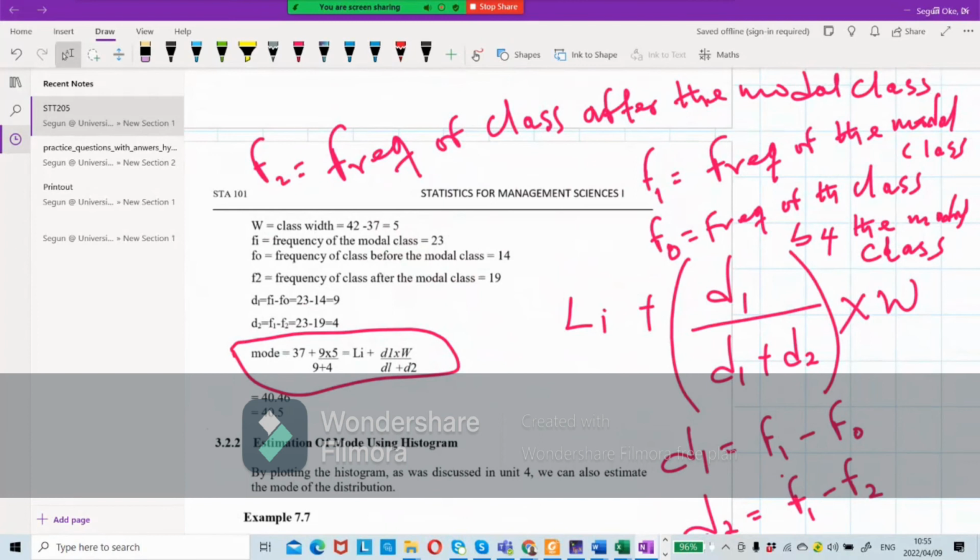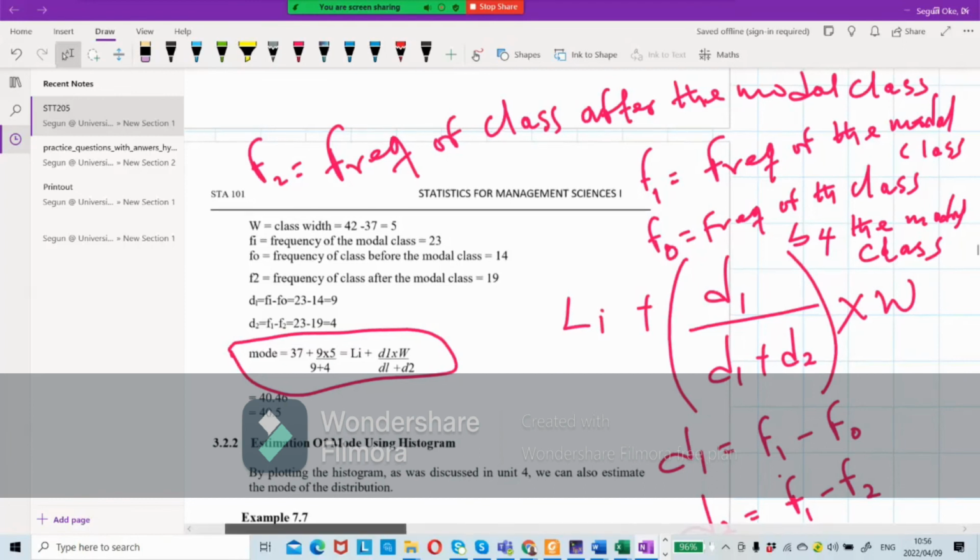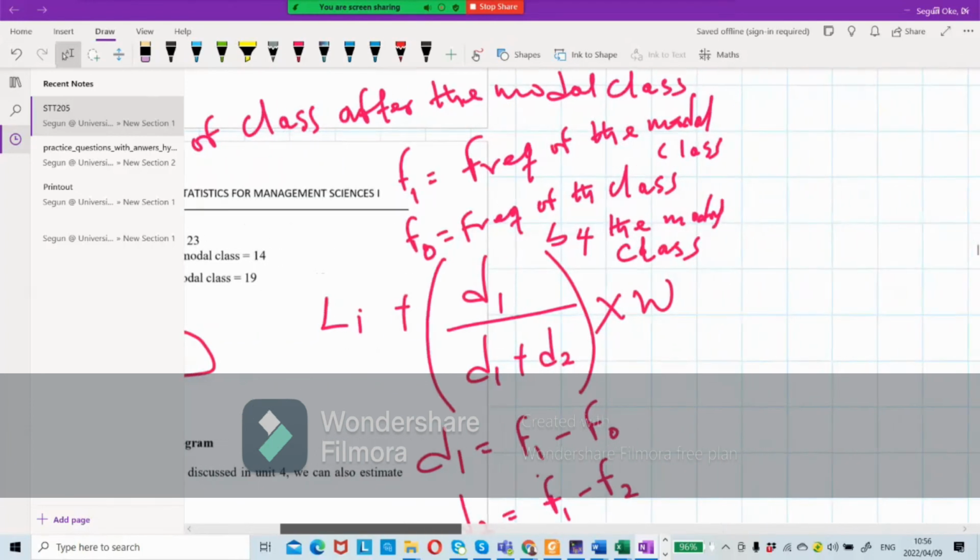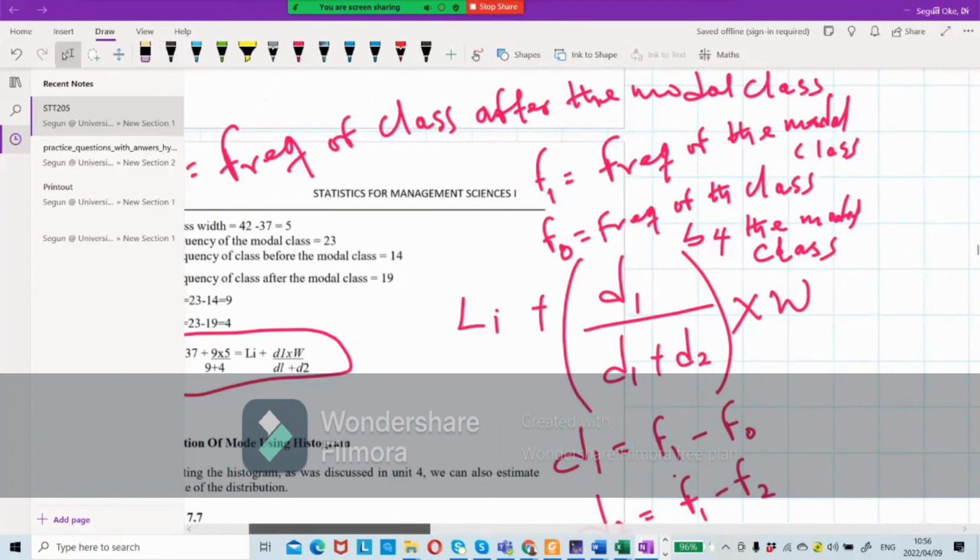What is D1? D1 equals F1 minus F0. What is F1?